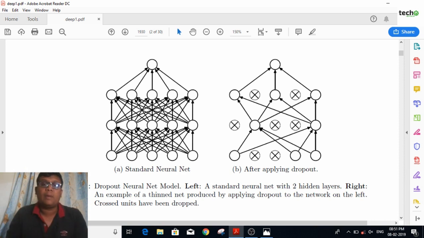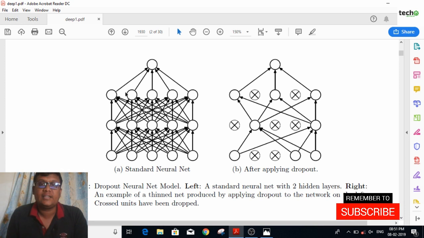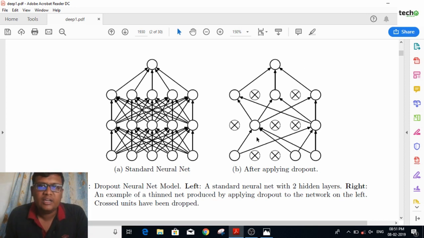These confusing samples are temporarily removed from the data set, and they come up with a newer neural network by dropping these layers and reducing the number of connections between the layers. This will definitely enhance the performance because the complexity has been considerably reduced.